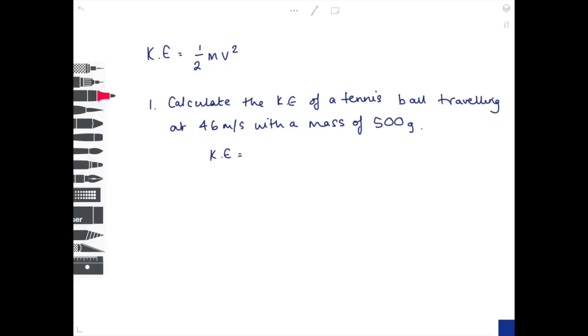So as always, write out our equation, which is KE is half m v squared. Be careful with your units, because 500 grams isn't in kilograms, so I'm going to put that into kilograms. So remember, 500 grams is 0.5 kilograms. So start substituting in your values. So it's half times 0.5 times 46 squared.